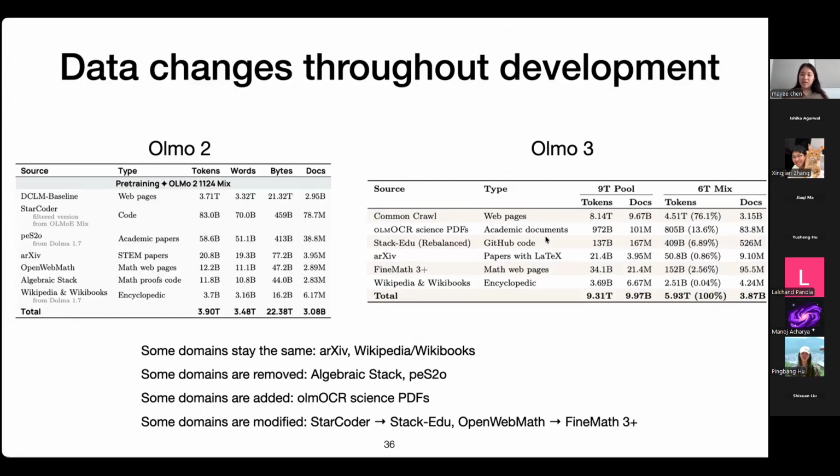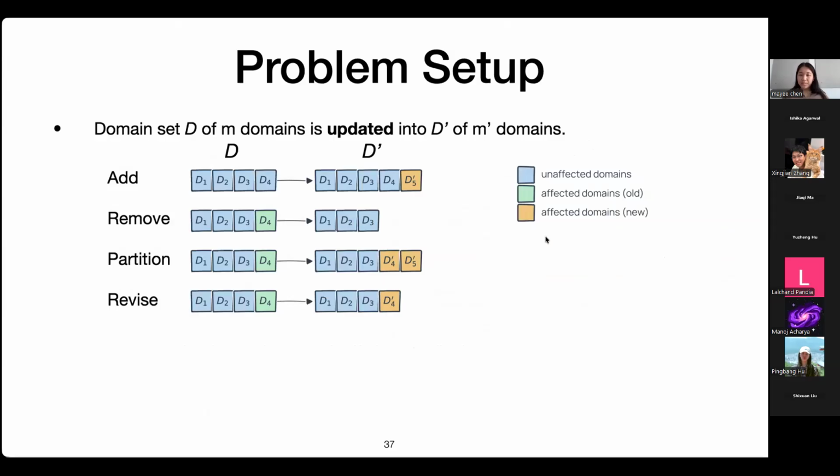And we also see that there are some new domains in OLMo 3, like the olmOCR science PDFs. And then finally, there are some domains that are revised or modified. So for instance, the code source changed from StarCoder to Stack-Edu, and the math source changed from OpenWebMath to FineMath.